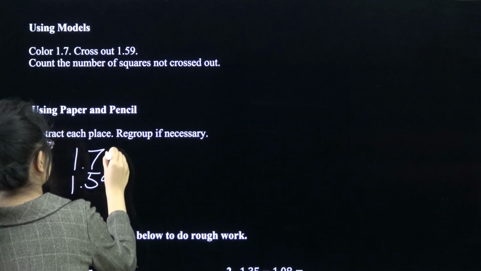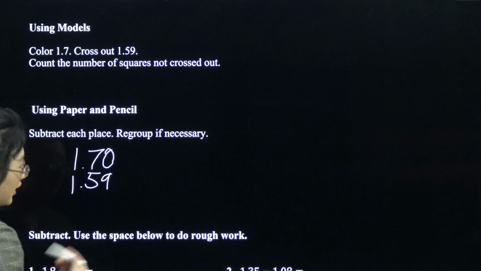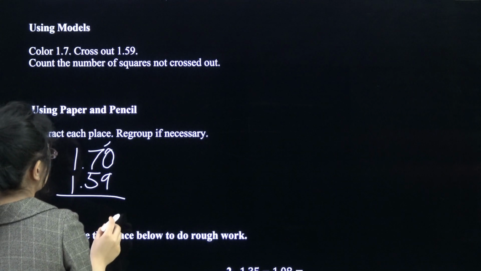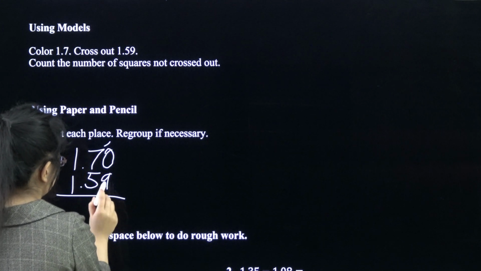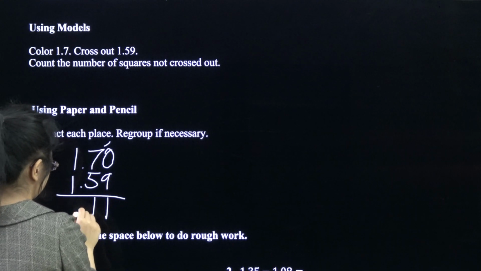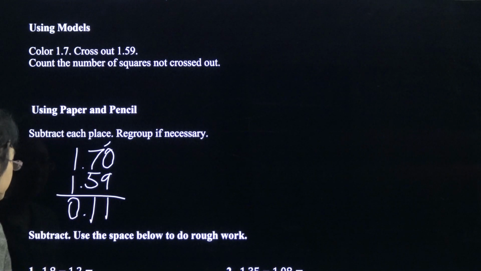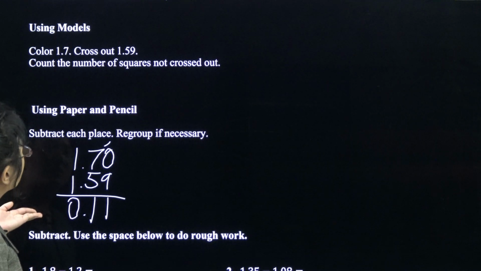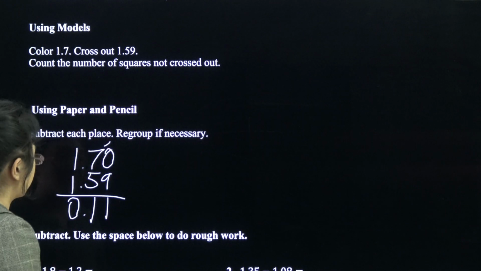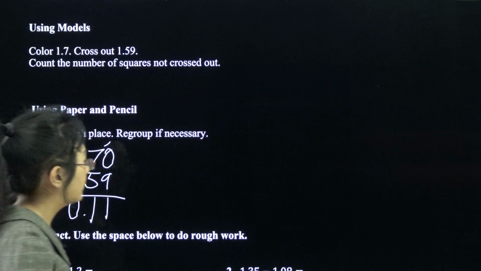Over here, you might need the 0 as a placeholder to help you. So you do this, you regroup, blah, blah, blah, and then this would become 6. 6 minus 5 equals 1. This would be equal to 0. The answer to this question, 1.7 minus 1.59 equals 0.11.